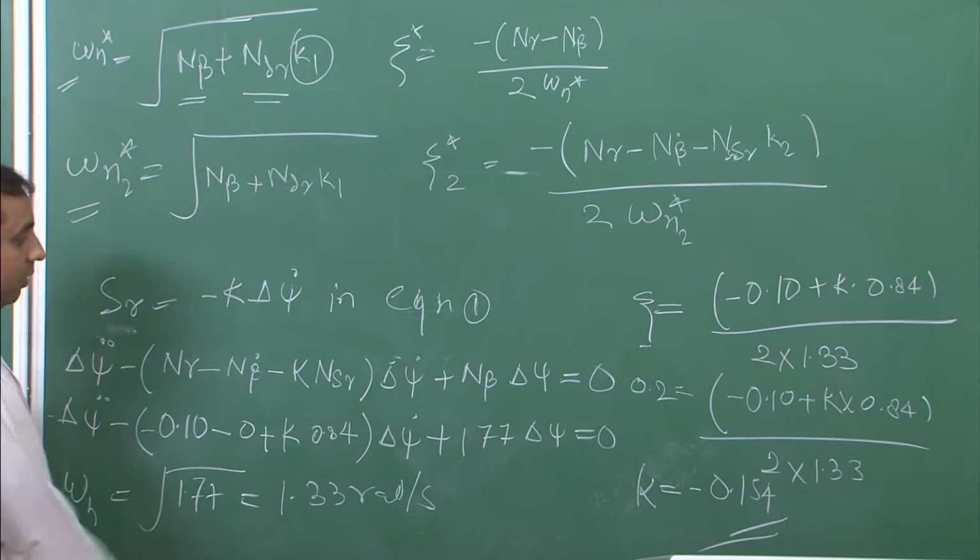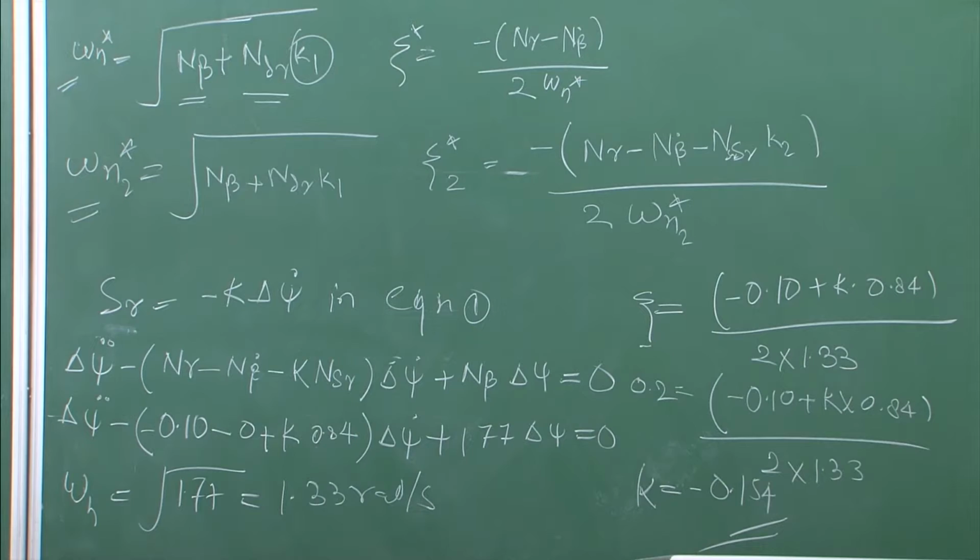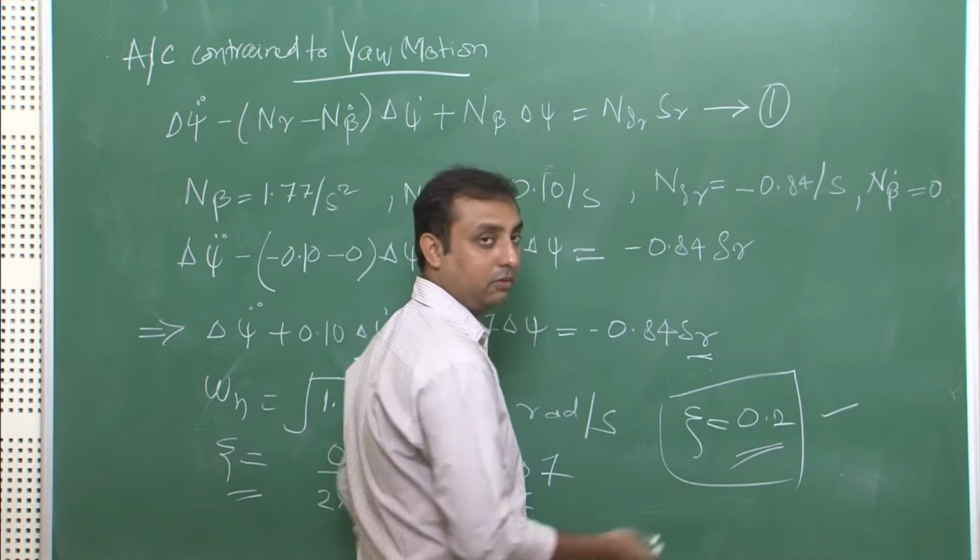So using this value of k, you can change the value of zeta to your desired value. In this case, it was 0.2.